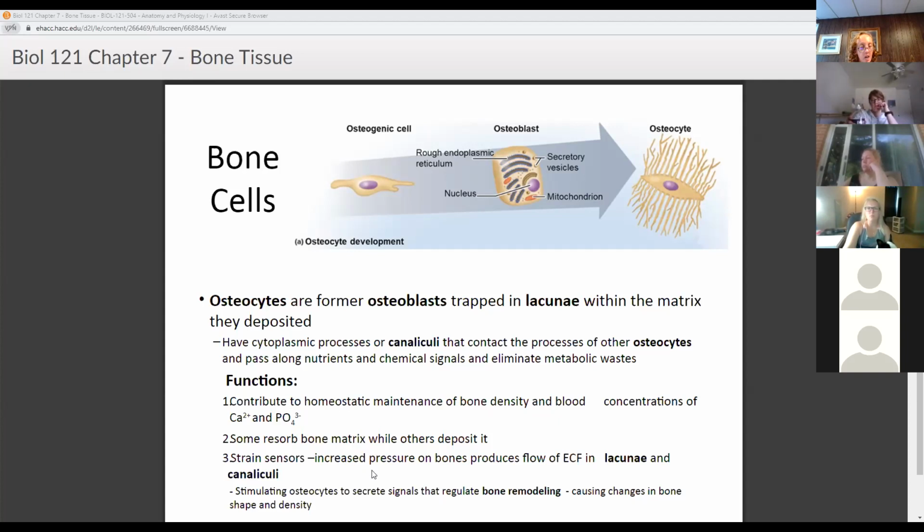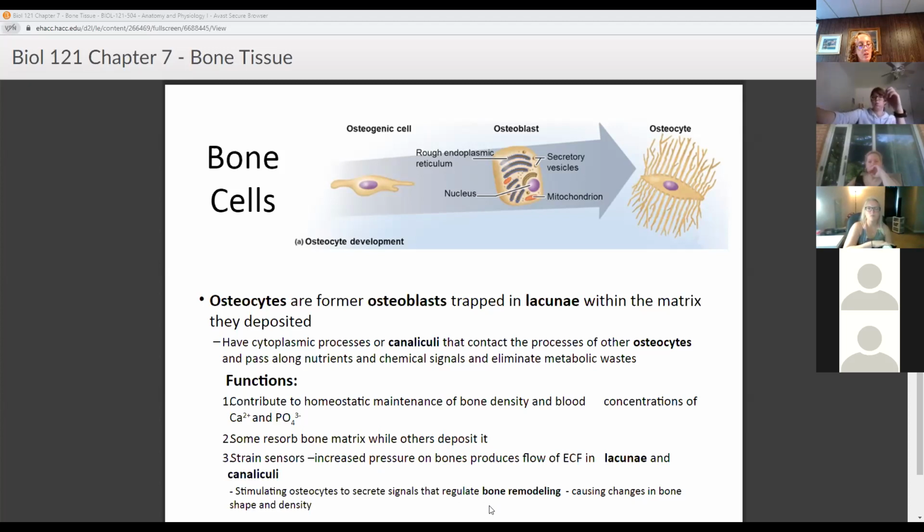Increased fluid in the lacunae and the canaliculi will stimulate osteocytes to secrete signals that will regulate more bone remodeling, causing changes in the bone shape and density. So they regulate whether or not bones are broken down or built up.